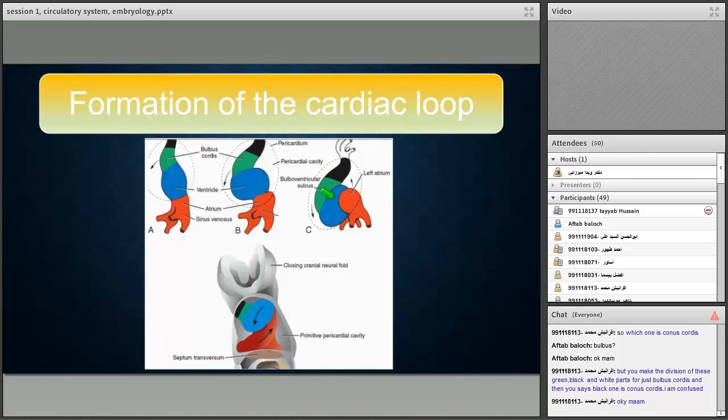The outflow or the smooth part of both ventricles. The white part is called the truncus arteriosus and is forming the root of aorta and pulmonary trunk. Okay?